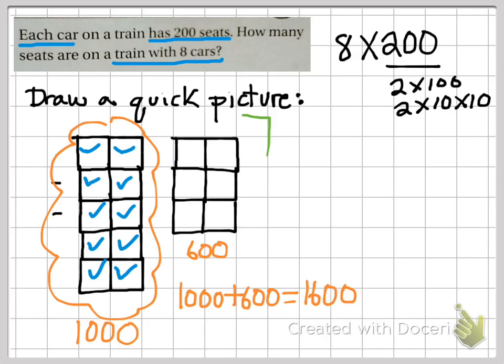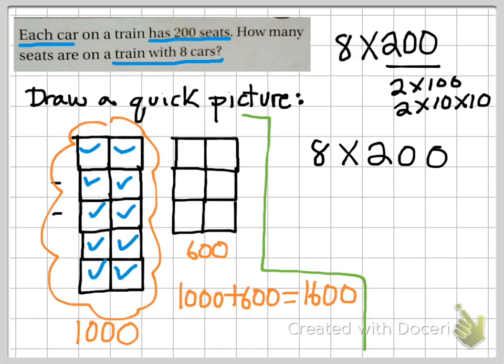All right, another way we can approach this. Let me box that off. We can use our knowledge of place value, like I have been trying to reinforce here. We have our original expression, 8 times 200.